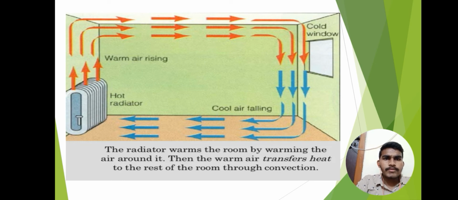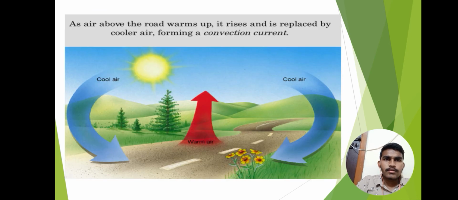Then the warm air transfers heat to the rest of the room through convection. So the warm air rises to the cold windows and cool air falls to the hot radiator. As air above the road warms up, it rises and is replaced by cooler air, forming a convection current. So these are the applications of convection.